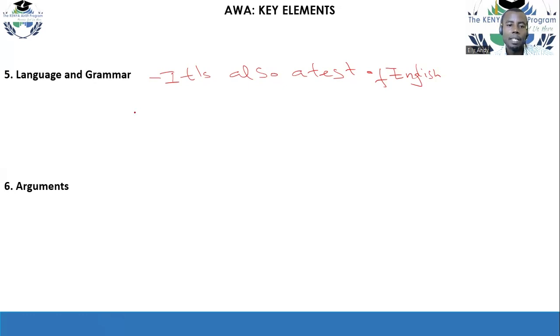And remember, the ETS, that is the makers and examiners of the GRE, provides a word processor that doesn't have spell checking. Yes, there is no spell checking, and also there is no grammar checking.